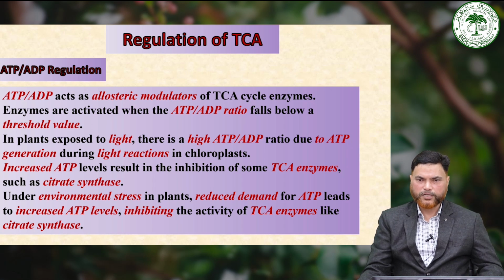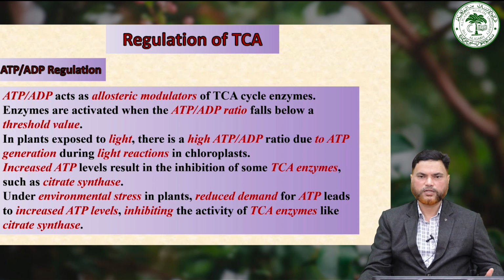Reduced demand for ATP in plants during environmental stress causes higher ATP levels, limiting the action of TCA enzymes and citrate synthase. So, the regulation of these key enzymes by ATP and ADP helps to maintain cellular energy homeostasis. When energy levels are low, or the ADP-ATP ratio is high, the TCA cycle is stimulated to generate more ATP through oxidative phosphorylation in the electron transport chain.